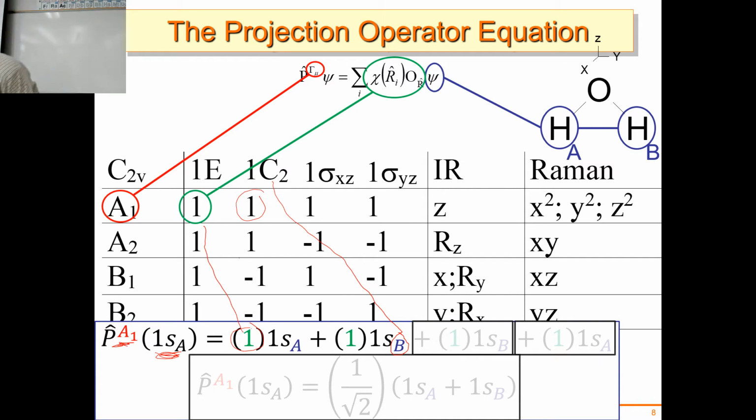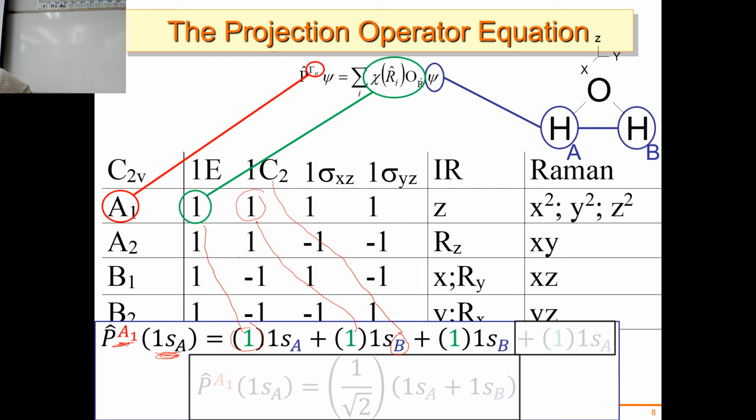So that's the C2 part. The character part's in front. The +1 goes right there. Okay. So we have the operation piece that gives us the 1sB, and we have the character come down. That's the +1. And then that sum is where we're adding these things together. Then we do the third column.